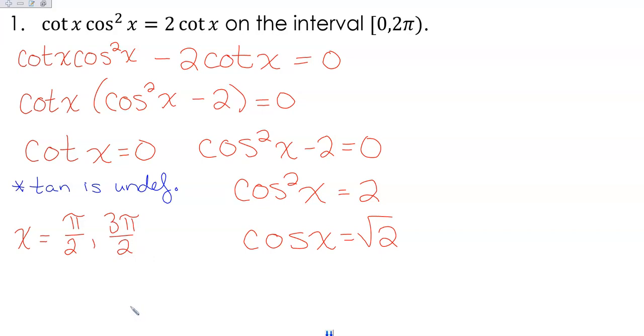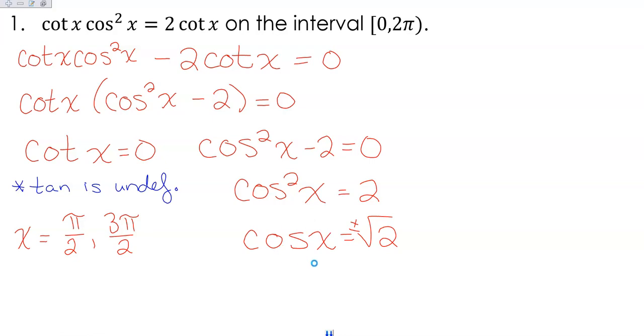All right? Now, let's come over here to cosine of x equals the square root of 2. And actually, it would be plus or minus. Let's not forget that. Okay. So when I square root this, and I get plus or minus the square root of 2, what's important to realize is that the square root of 2 is not on our unit circle, right?